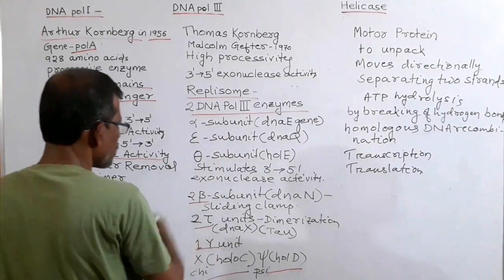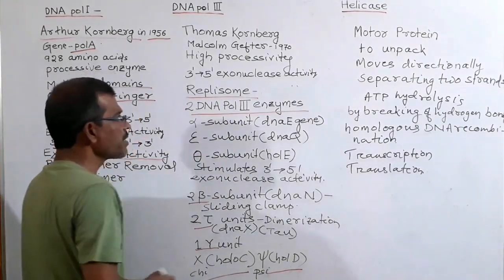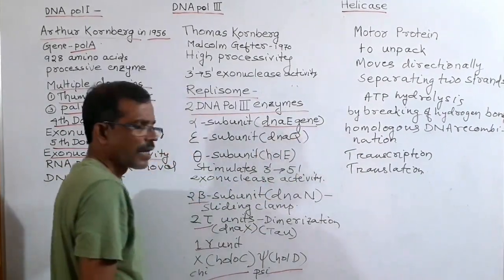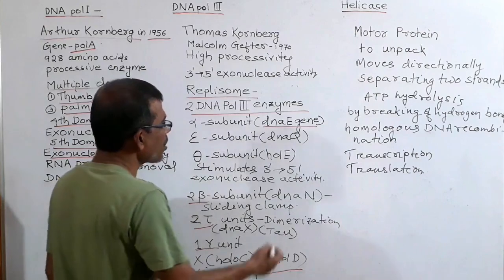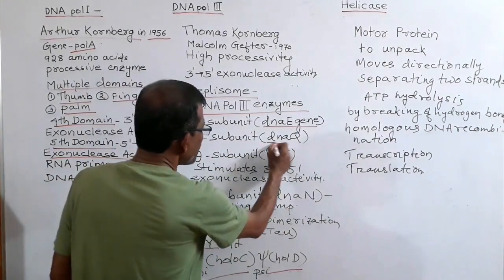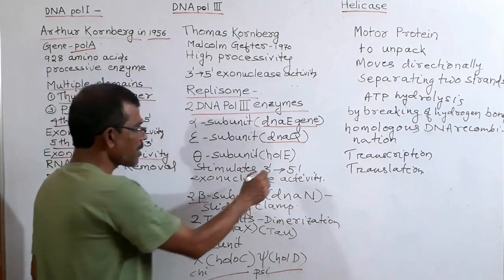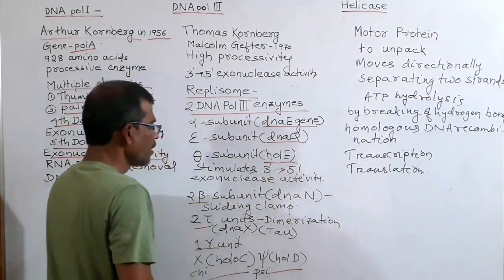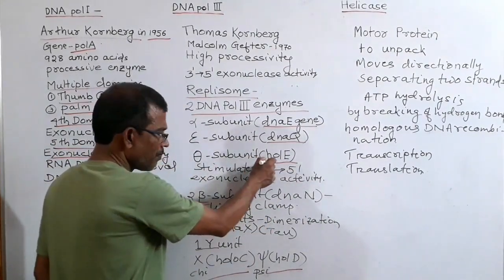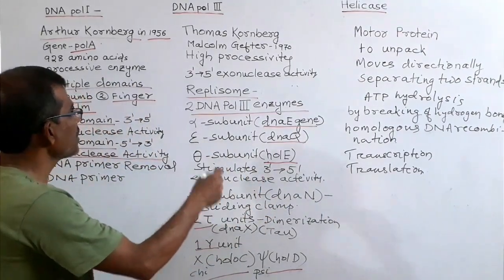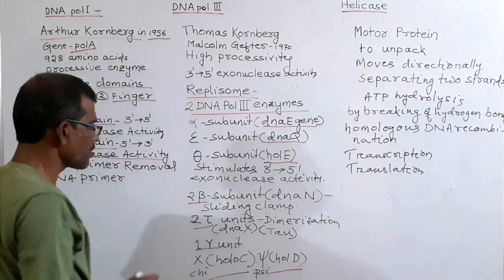First is the alpha subunit. The alpha subunit is encoded by the gene dnaE. The epsilon subunit is encoded by the gene dnaQ. The theta subunit is encoded by the gene holE. This theta subunit stimulates the 3' to 5' exonuclease activity of DNA polymerase 3.